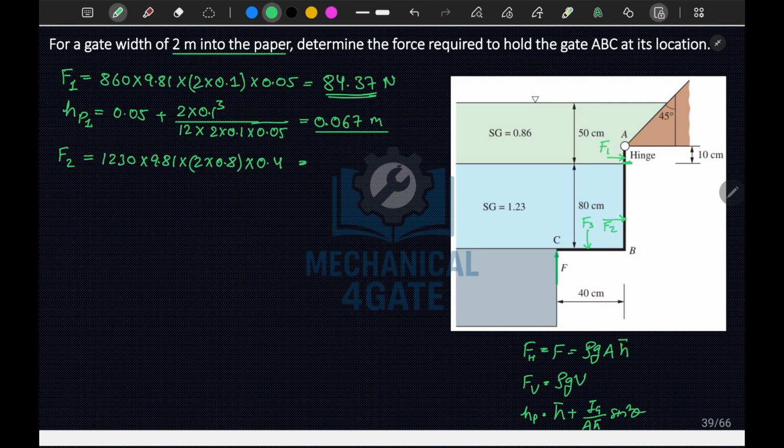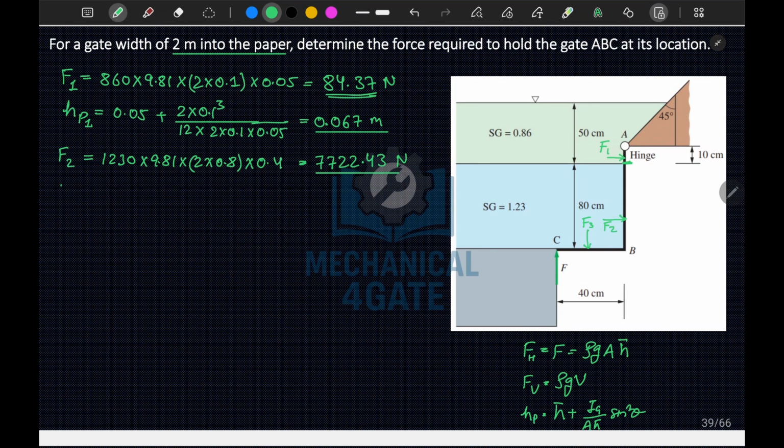Now if we solve this, let me calculate the value first. So this is 1230 into 9.81 into 1.6 into 0.4. This comes out to be 7722.43 Newton, okay.